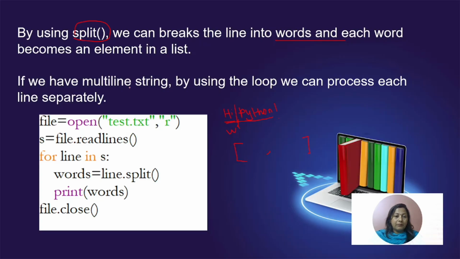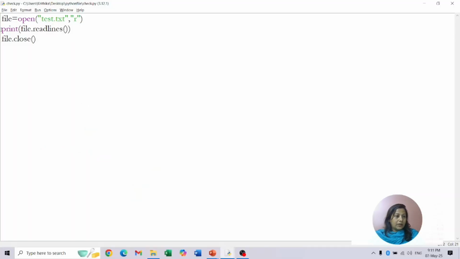Okay. If we have a multi-line string, we have to use the concept called looping. We can process each line separately. Now I will show you in this program. I'm creating the same file, now I'm creating s equal to file dot readlines. File dot readlines will store all the lines in list format in the s variable.